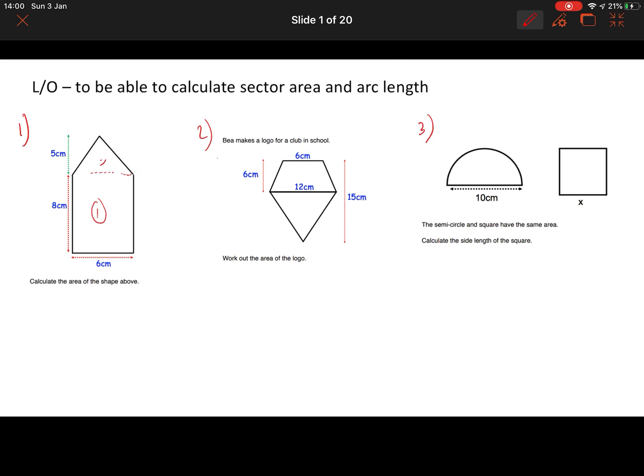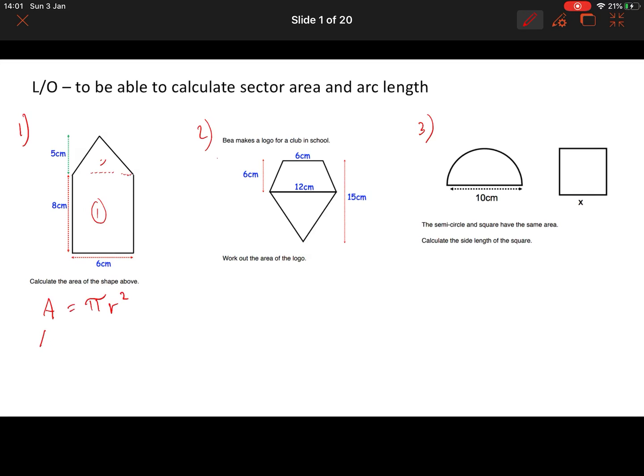Okay, question 3. I also expect you to be able to know about areas of circles and semicircles and quarter circles and that kind of thing. So if you remember, the area of a circle is equal to pi r squared.